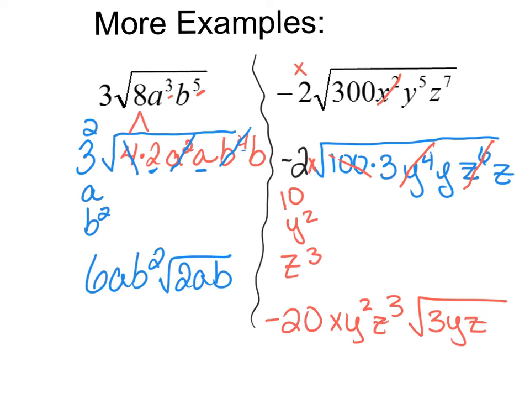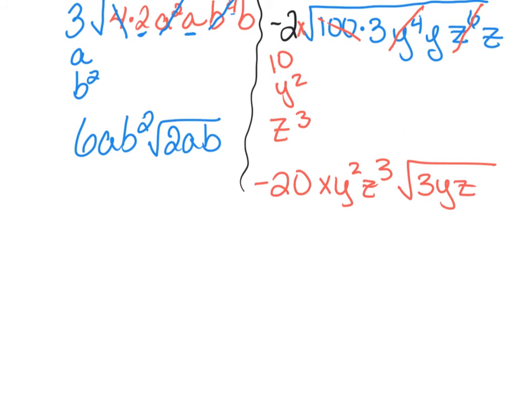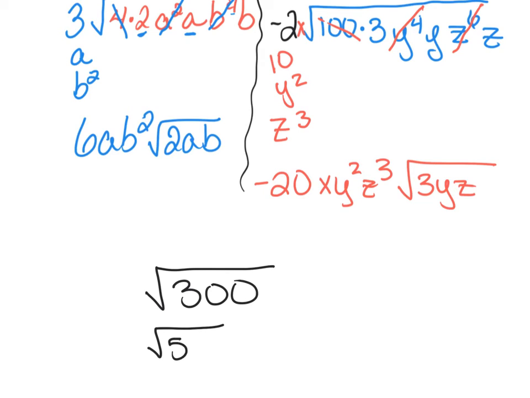The other thing I want to show you is how I could do that if you didn't pick the numbers I picked. Just because some kids think there's a magic number to pick, there's not. If I were simplifying a 300, let's say you didn't realize that it was 100 times 3 and you chose 50.